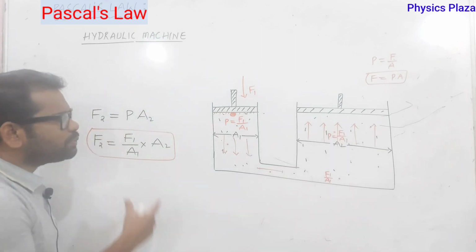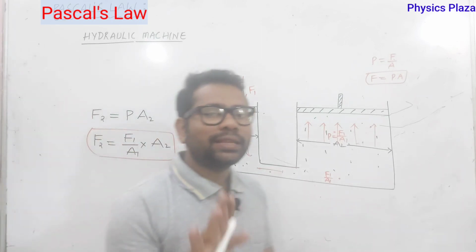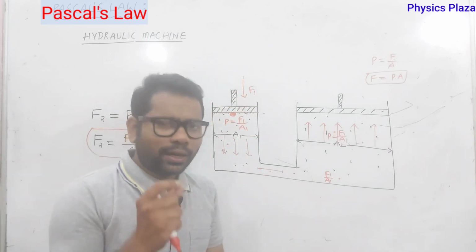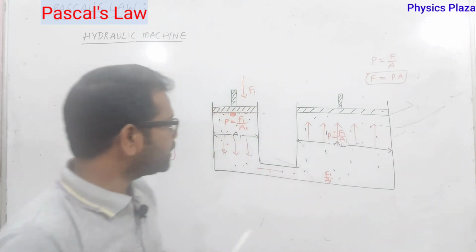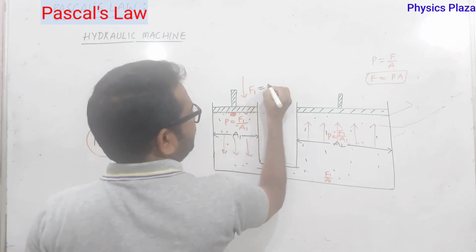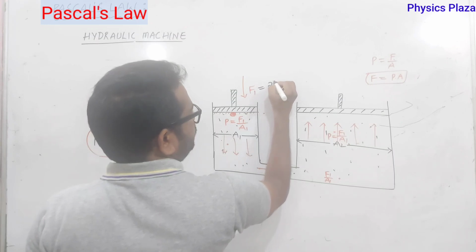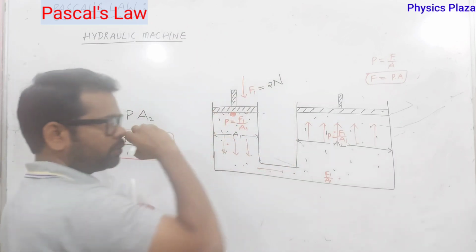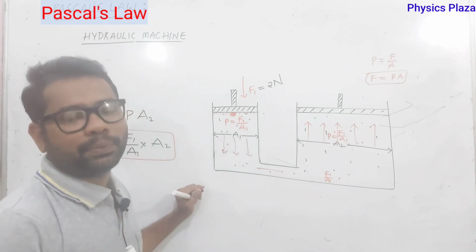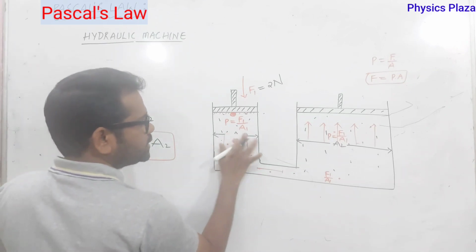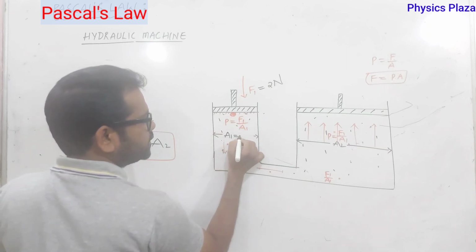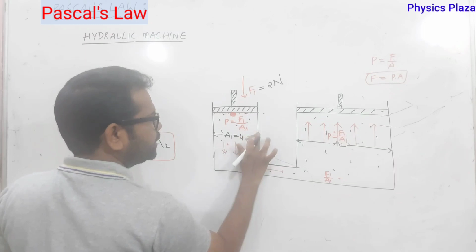Now children, just by knowing the formula, we don't understand the importance of the hydraulic machine unless we take a small example. Suppose we apply 2 Newton force, and the surface area of this piston is 4 centimeters square.